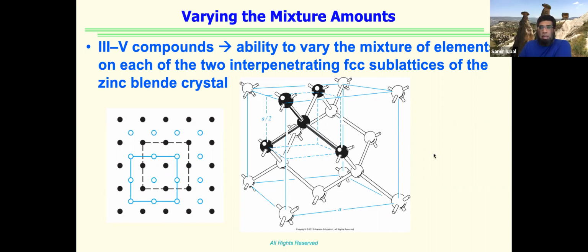So we'll come to what's written here in the bullet point, but I want you to focus on this picture. This is the diamond structure, and the simple way of identifying diamond is that this is basically an FCC lattice, but this has an extra atom placed at a/4 plus b/4 plus c/4 from each of the FCC atoms.